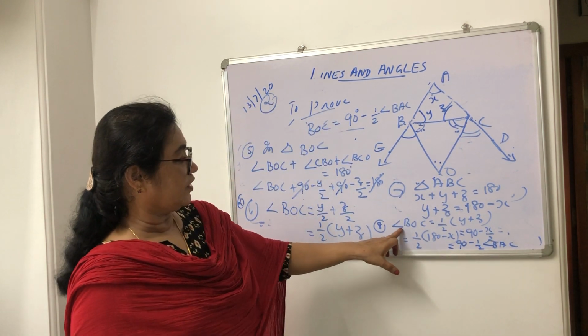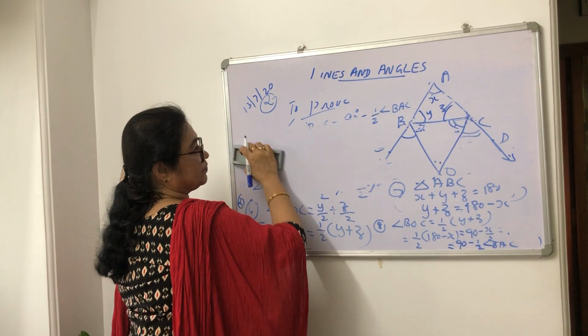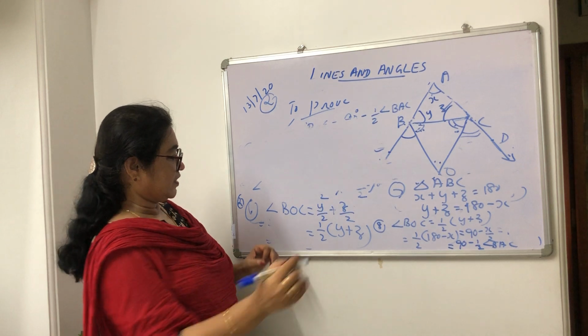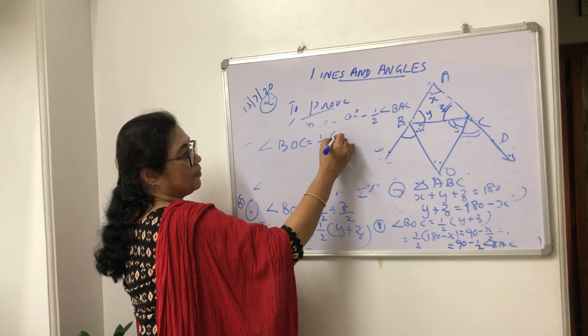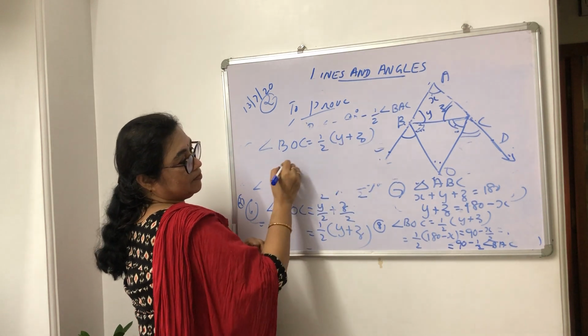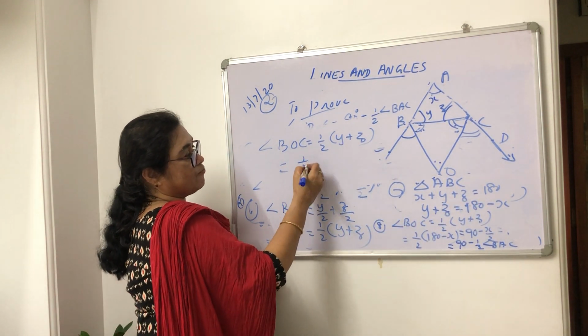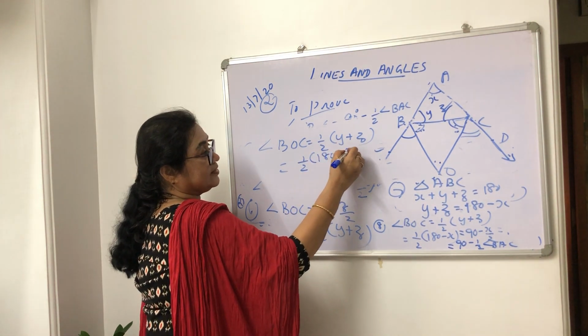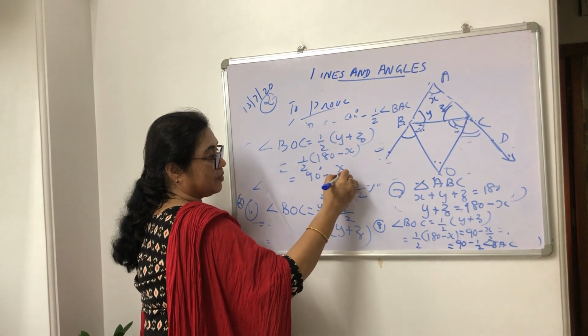So here you got it: angle BOC is equal to half of Y plus Z. Y plus Z is equal to 180 minus X. Half of 180 minus X, half of 180 is 90, minus X by 2.